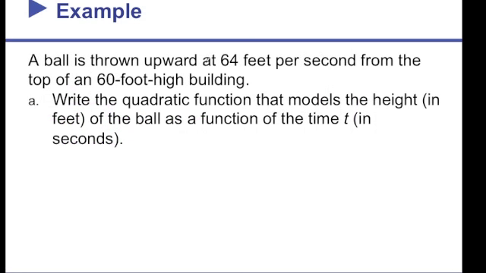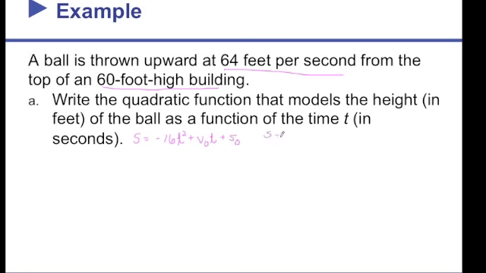Now, a ball is thrown upward at 64 feet per second from the top of a 60-foot high building. Write the quadratic function that models the height in feet of the ball as a function of the time. Well, I will tell you that the general quadratic formula is s equals negative 16 t squared plus v sub 0 t plus s sub 0.